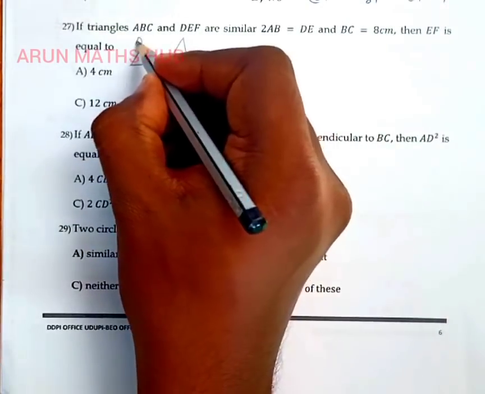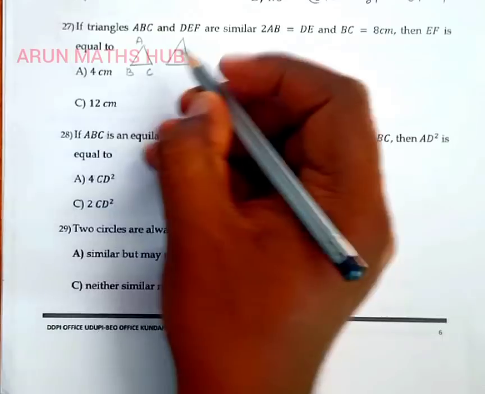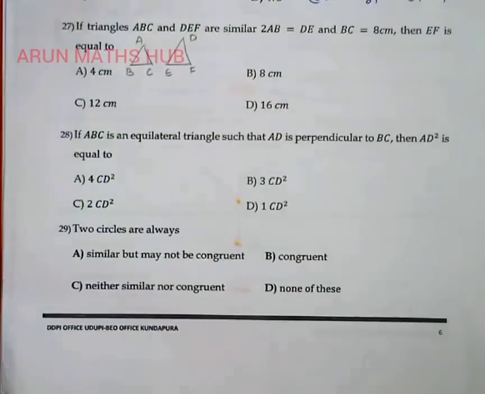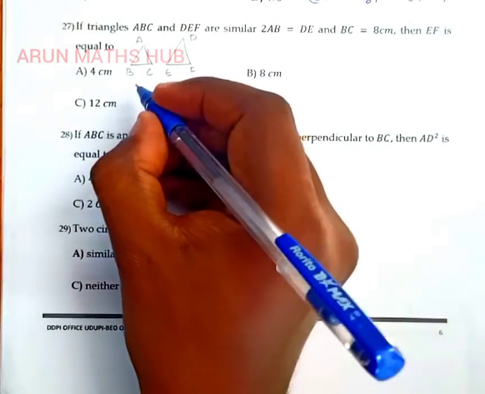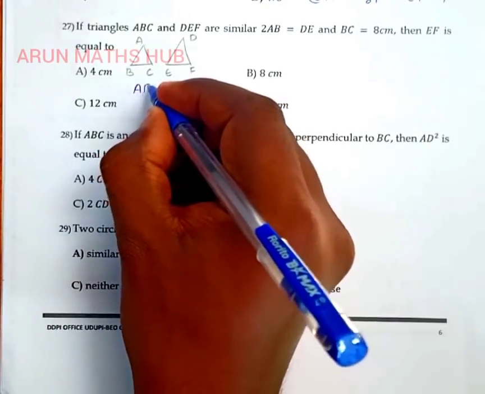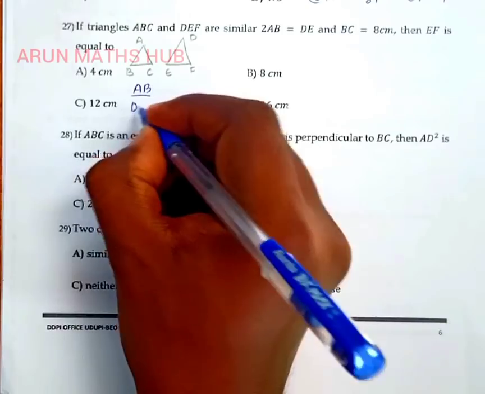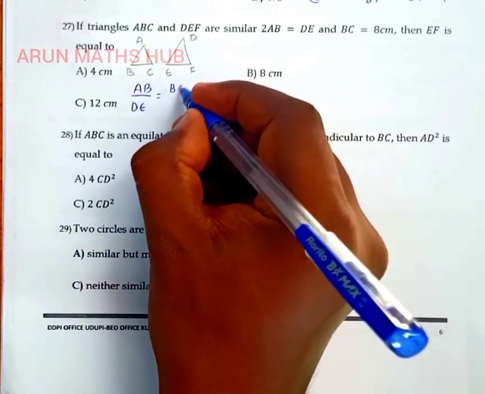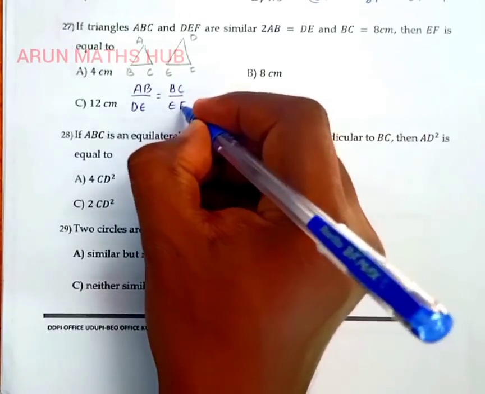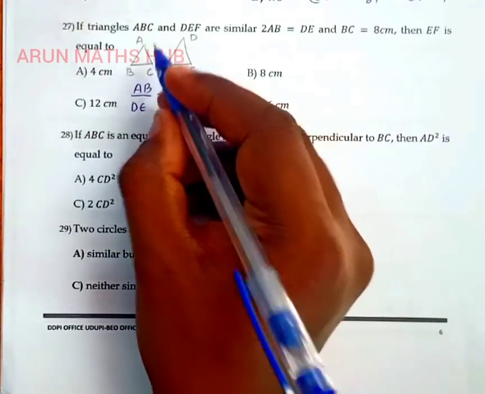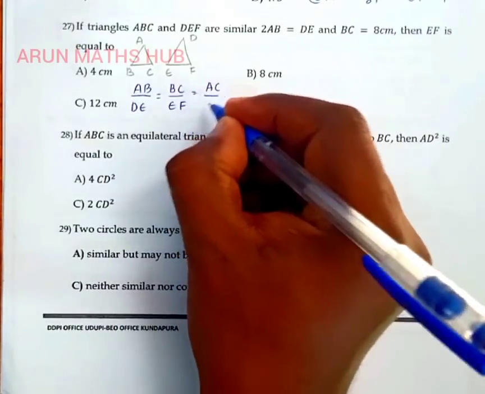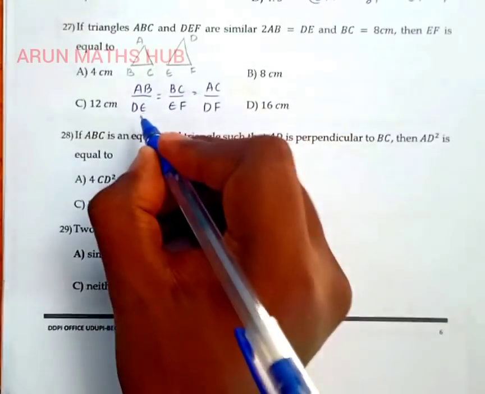Now triangle ABC and triangle DEF are two similar triangles such that 2AB equals DE. Corresponding sides will be in the same proportion, that is AB by DE equals BC by EF and also AC by DF.